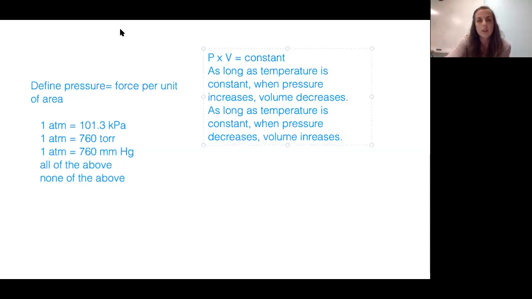Next, we are going to do, let's see. Which of the following describes Charles's law? This may or may not be directly from your test, so I'm glad you're here. As long as pressure is constant, temperature and volume are linearly proportional to each other. I'll write out the choices. Hopefully it won't take me too long.